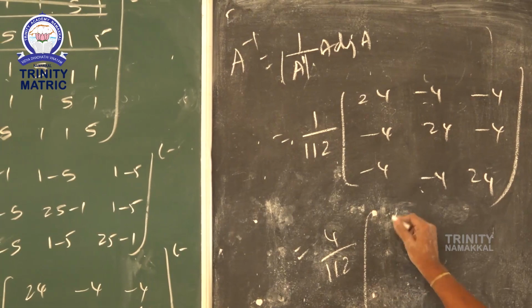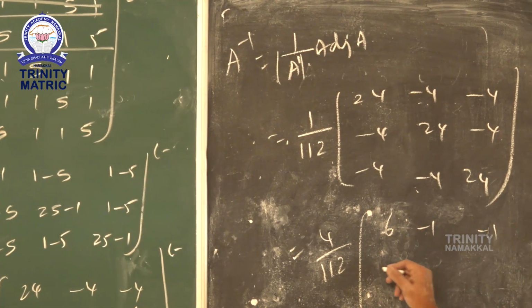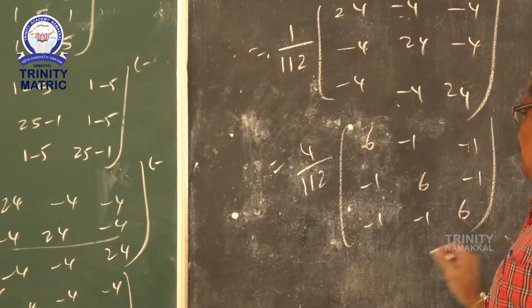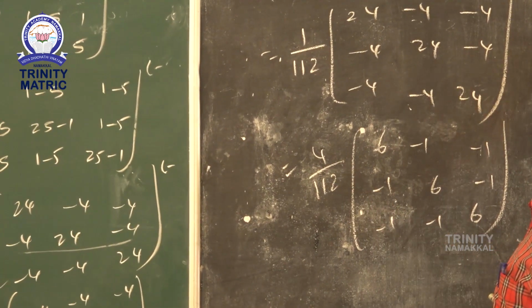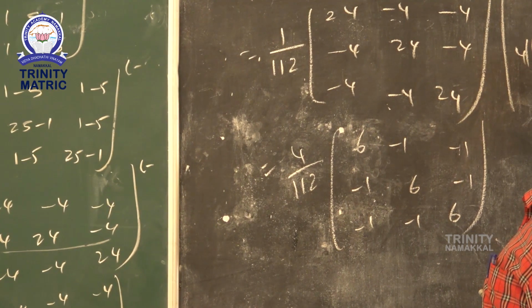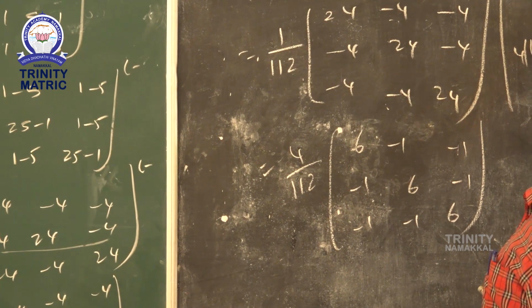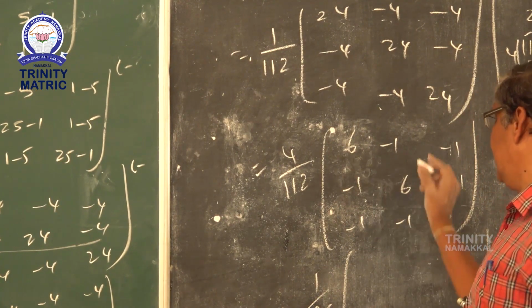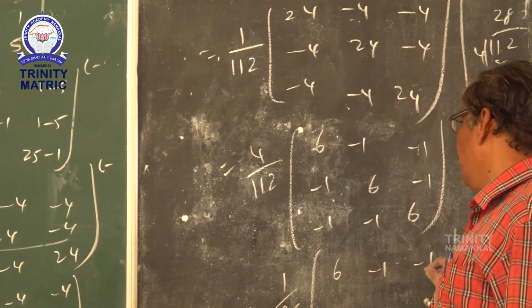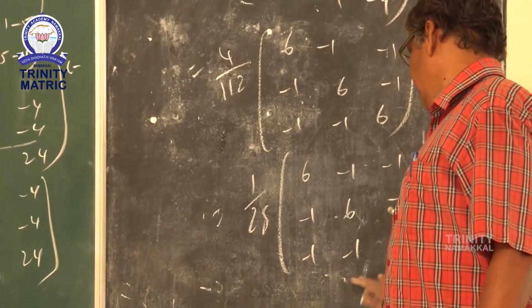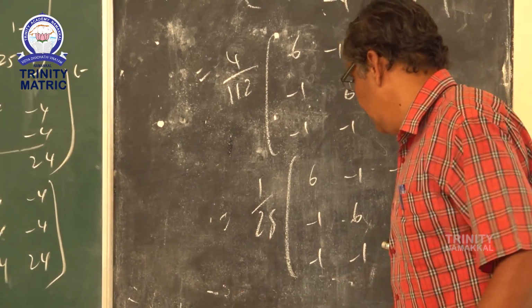So what will we get? 6, minus 1, minus 1, minus 1, 6, minus 1, minus 1, minus 1, 6. 4 into 28... in 112, how many 4s are there? 2 4s are 8, 32, that is 28. So 1 by 28 should be written as it is. Then 6, minus 1, minus 1, minus 1, 6, minus 1, minus 1, minus 1, 6. Now you got it?